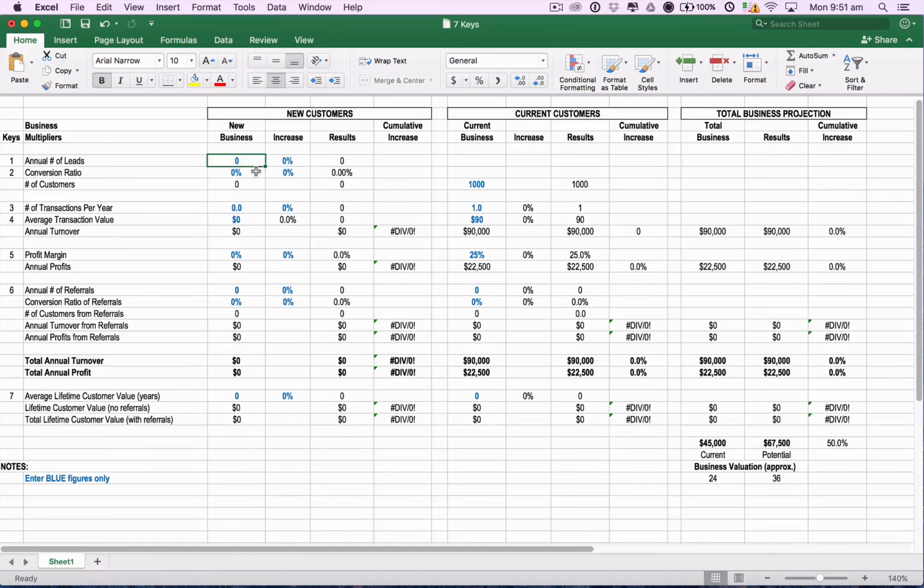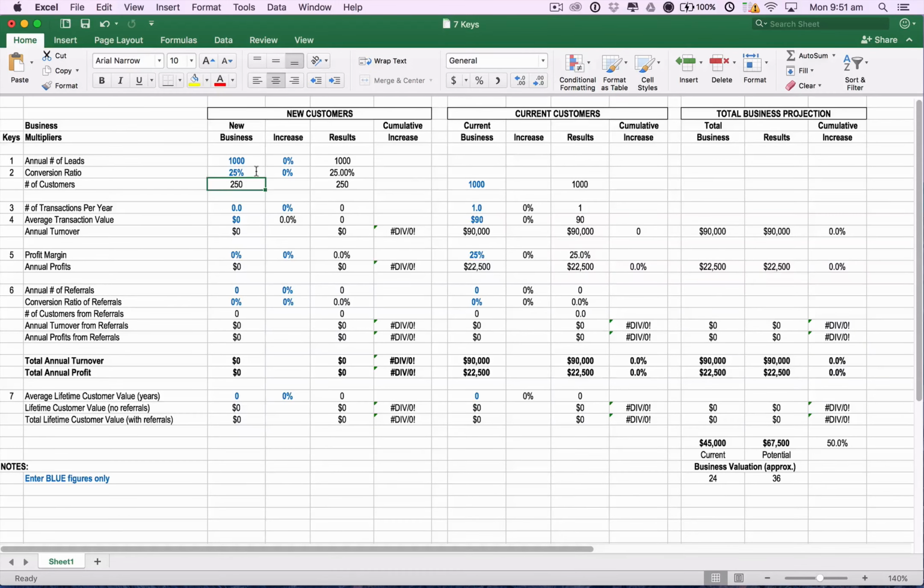Now, if we go and just run some marketing, run some Facebook ads, some Google display ads, whatever we're going to do, we'll focus on the 6 areas. So let's assume we can go and generate 1,000 new leads. All right, and we've got a conversion ratio of say 25%.